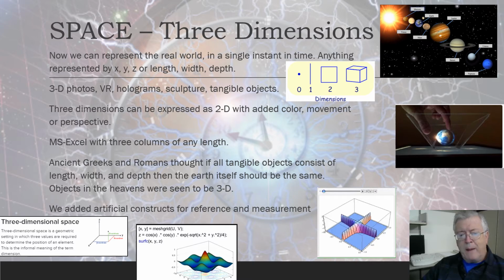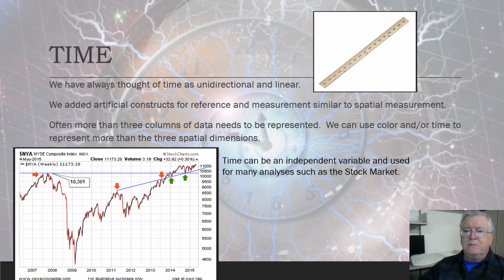So what happens after 3 dimensions? We talked about 0, 1, 2, 3 dimensions. What happens when we have more than 3? So those of us looking at numbers, we now have time added as a dimension.